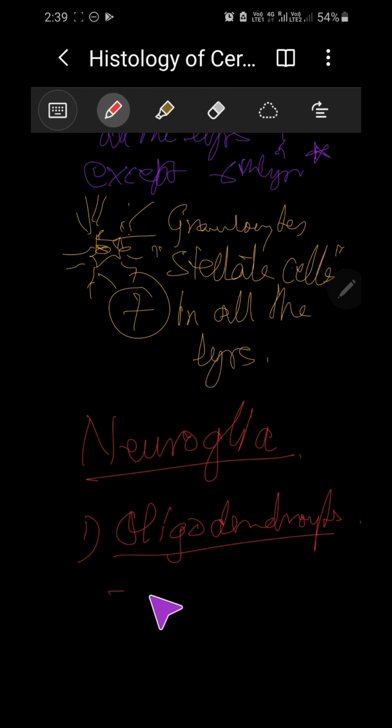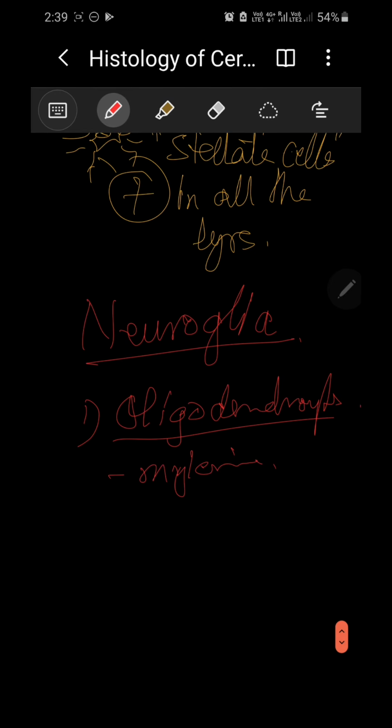Oligodendrocytes form myelin around those neurons, because don't forget that there are axons also in the gray matter. I have drawn so many horizontally running bands, the external and internal bands, then horizontally running fibers in the outermost plexiform layer, and vertically running axons in between the different layers. So there are axons and they will be myelinated by the oligodendrocytes.